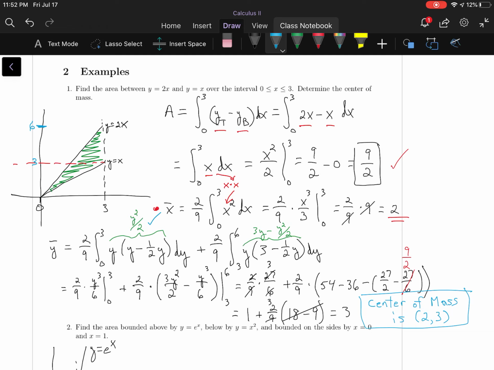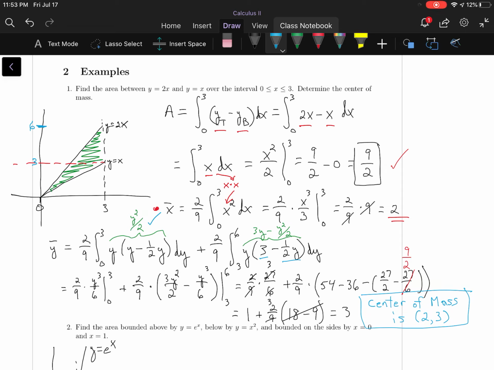And the second integral is going to be using the rightmost function of x equals 3 minus the leftmost function, which is the y equals 2x, but solved for x, so x equals 1/2 y. And you're still multiplying by the y up front.